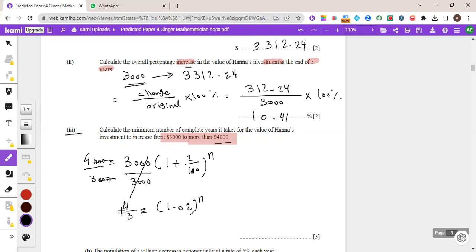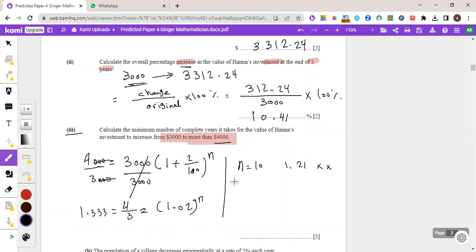Let's try n equals 10 for example. 4 over 3 is 1.3333. So try n equals 10. Is it correct? No, because it's 1.2.